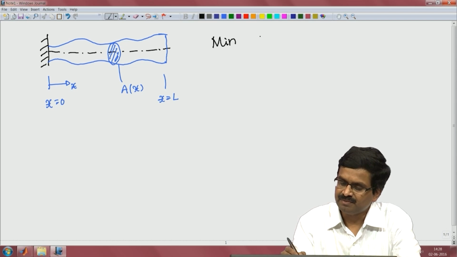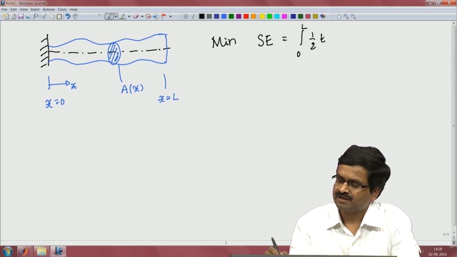And what we are trying to do is to make this bar as stiff as possible, meaning we want to minimize the strain energy of the bar, which is given as a functional 0 to L half E A u prime square dx.